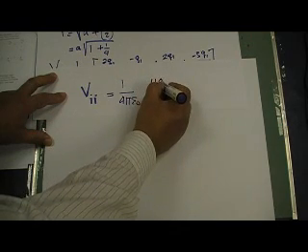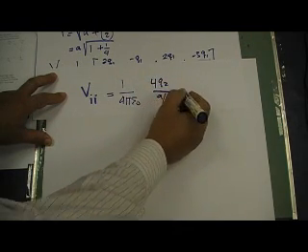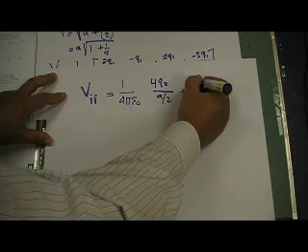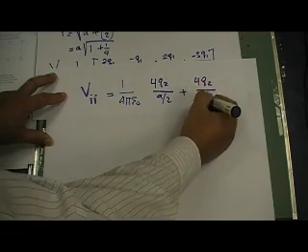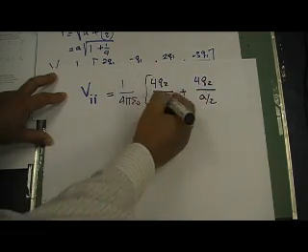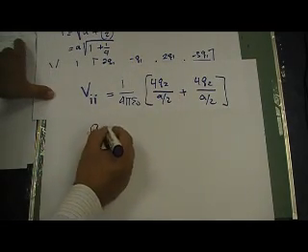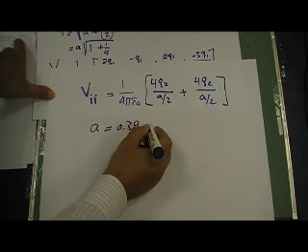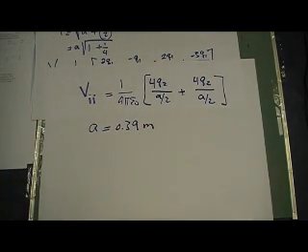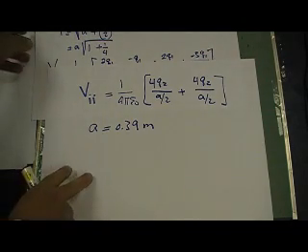So it's 4Q2 divided by A over 2, plus 4Q2 divided by A over 2, and that you can solve. Remember the distance A is equal to 0.39 meter, or 39 centimeters, and you can do that straightforwardly. That's the solution to problem number 1.